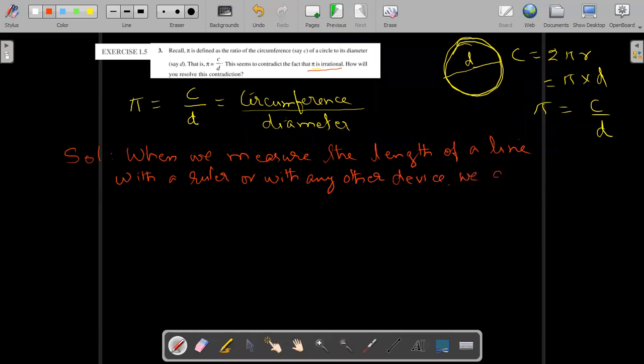Measuring exactly is very difficult. There are chances of making errors of 0.0001%, but error is there. So we can say that it is an approximate rational value.